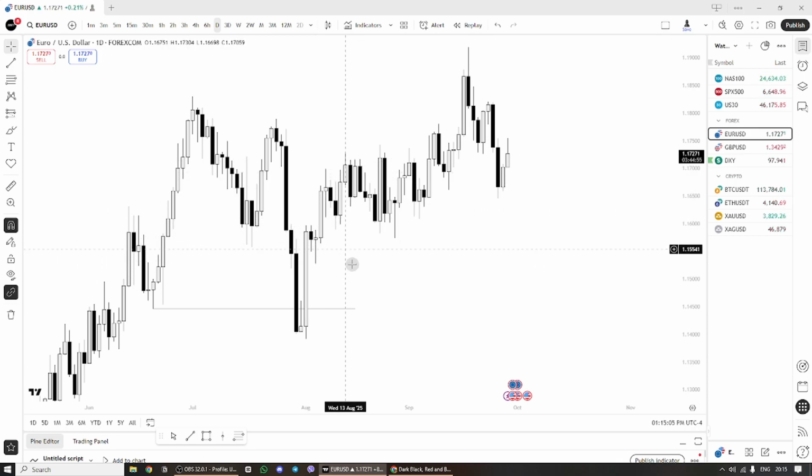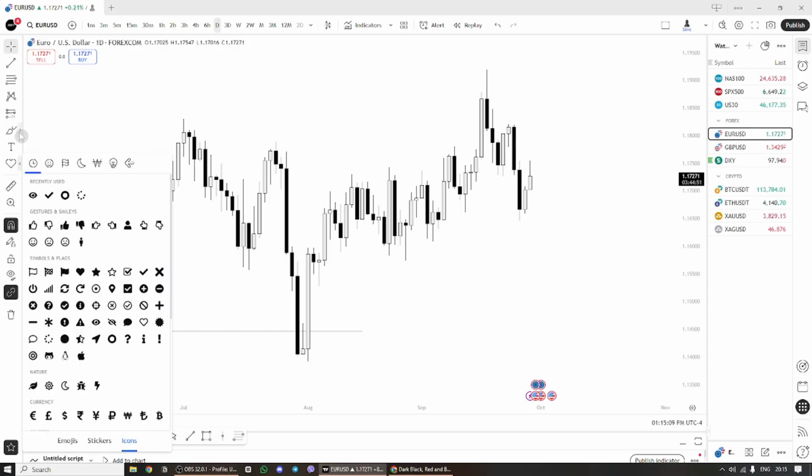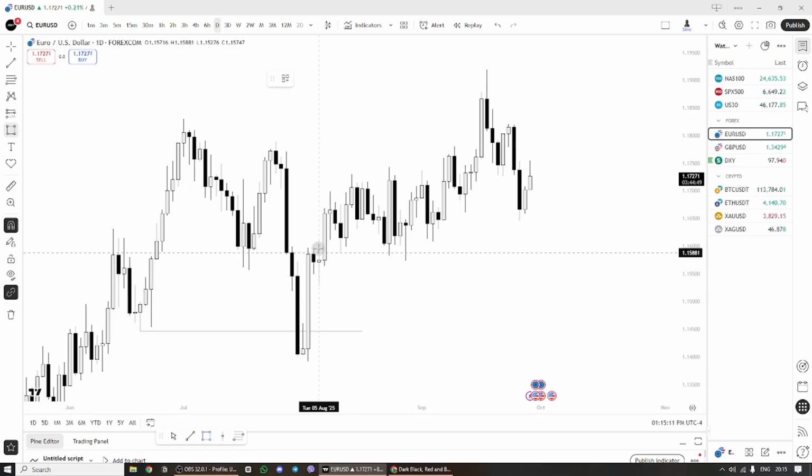So right here you'll see the perfect example, internal range liquidity. We break above this, and once we break the external, we go back to internal, then back to external, then back to internal.